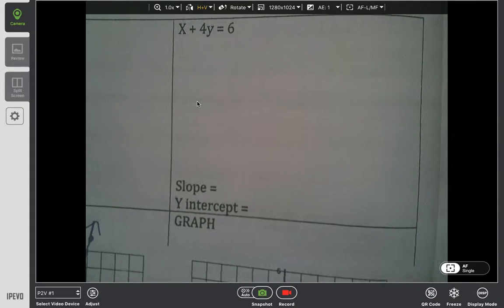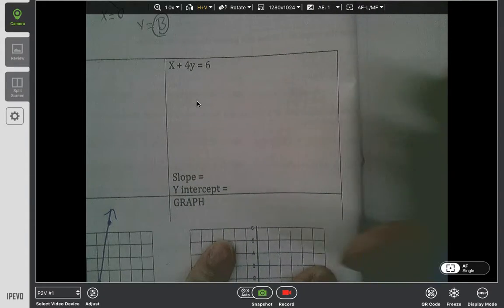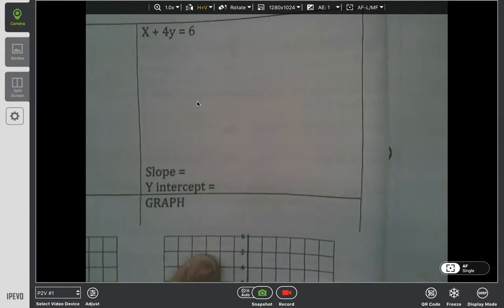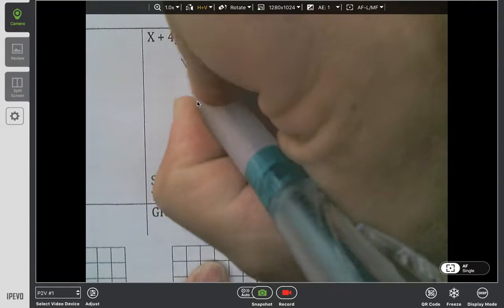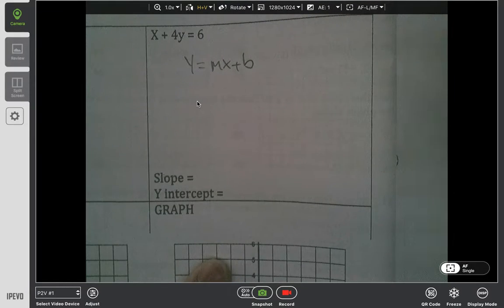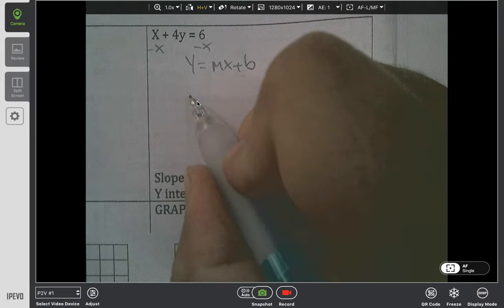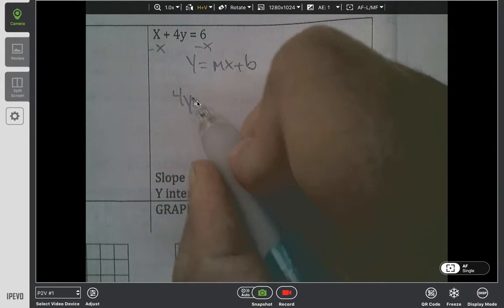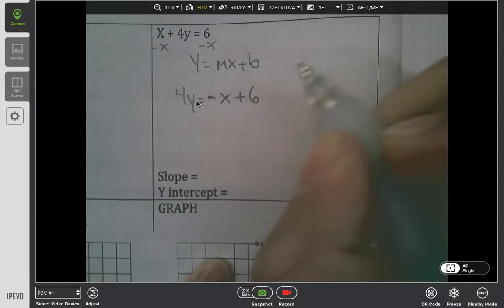The next one, we have to do a little bit of work to. It's not in slope-intercept form. So what do you think you'd do first to make it look like y equals mx plus b? Yeah, you'd probably subtract x on both sides. So you'd be left with 4y equals -x plus 6.